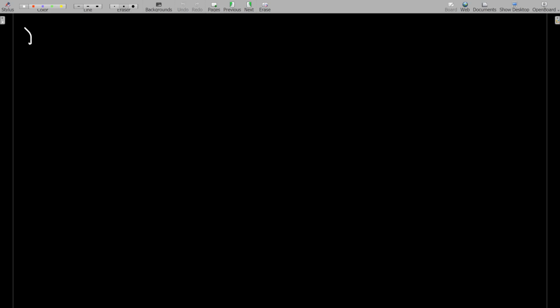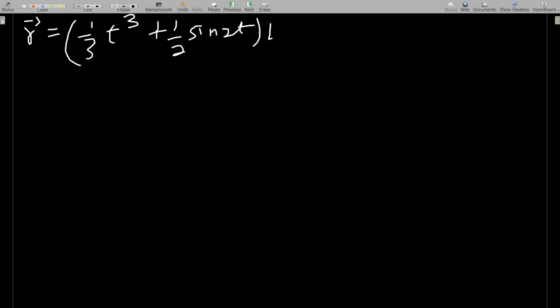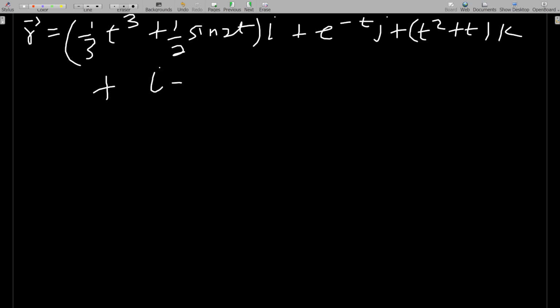So the position vector will be equal to 1 over 3 t cubed plus half sine 2t, then i, plus e to the minus t j plus (t squared plus t) k, plus our a, and the a was i minus j.